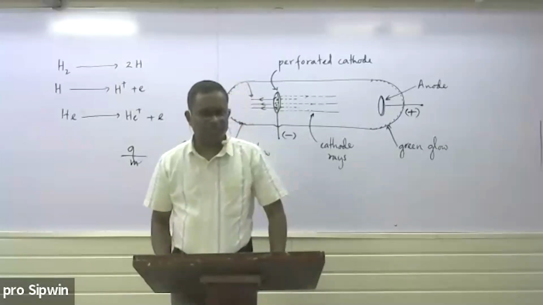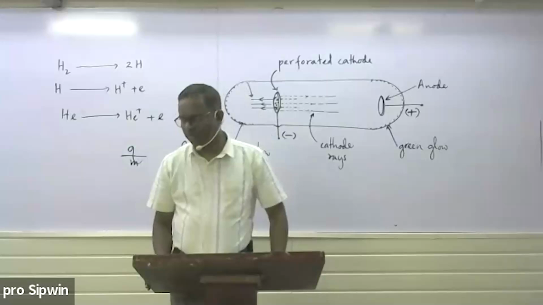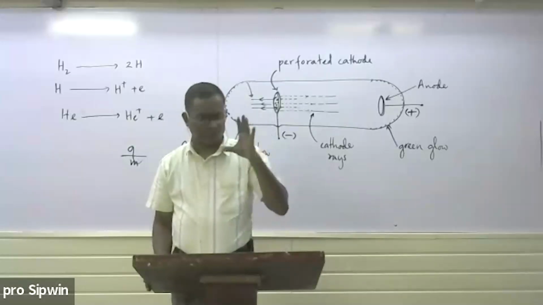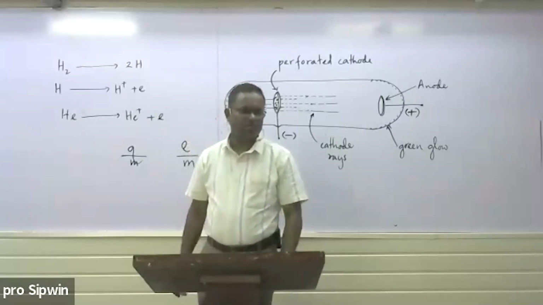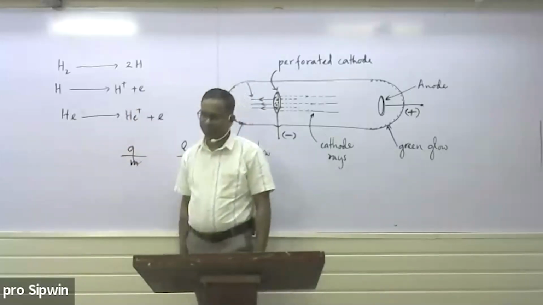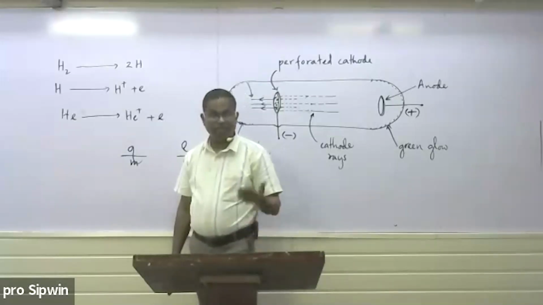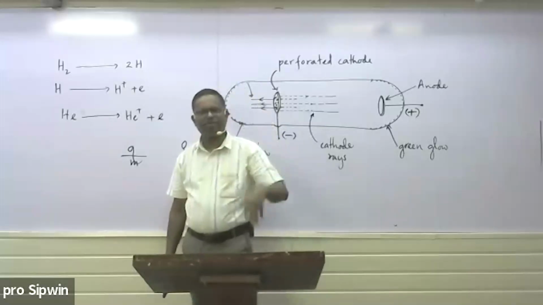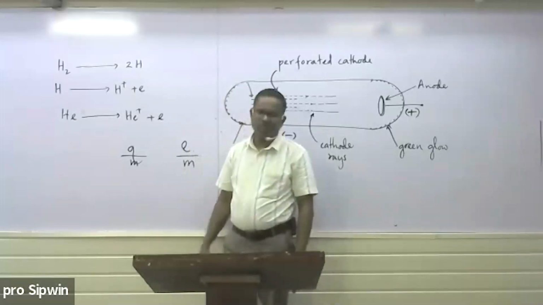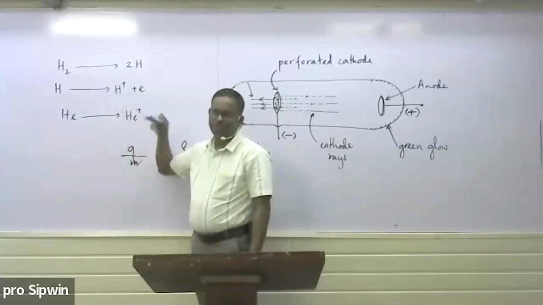They use different gases. When hydrogen is the residual gas, the smallest possible positive particle produced there is H plus. When the residual gas changes to helium, chlorine and so on, their masses are multiples of the mass of H plus.